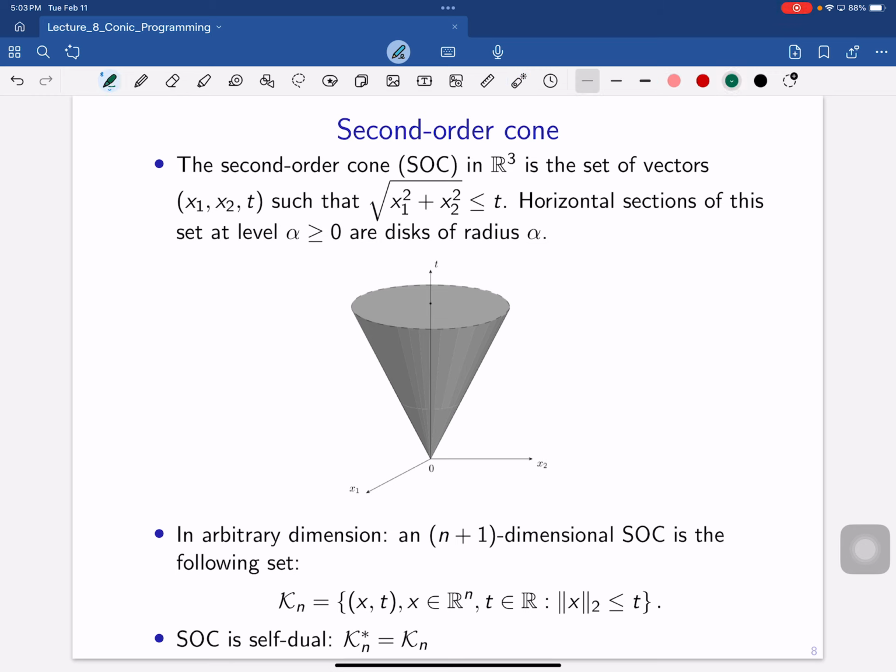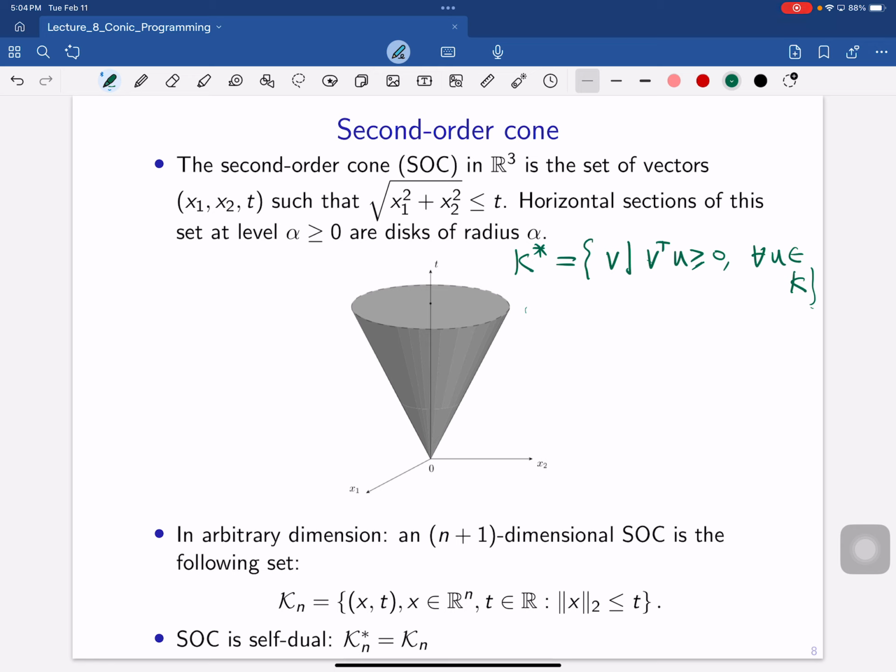In order to show that, we need to show two things. Recall the definition of the dual cone: all the vectors v such that the inner product of v and u is greater than or equal to 0 for all u in the set K. And we want to show the dual cone is essentially the cone itself. The original set is defined using x and t.